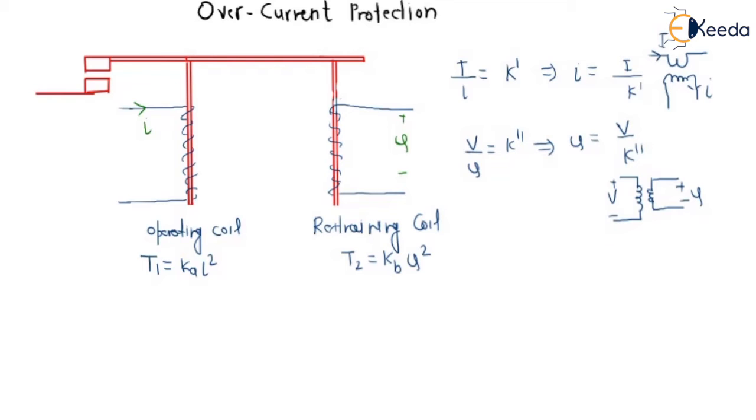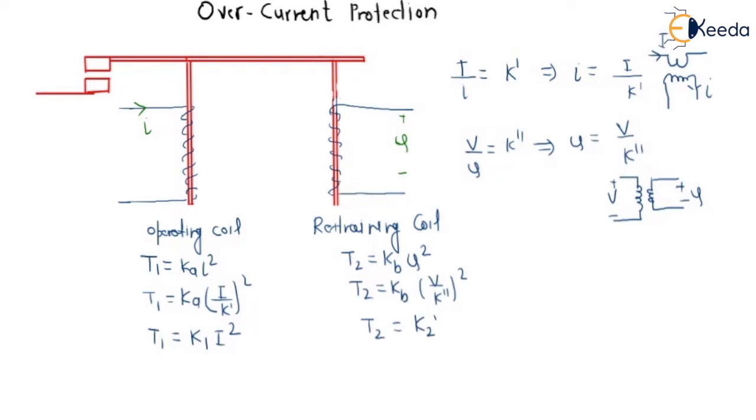Putting all these values, T1 will be K A into capital I upon K dash, squared. Taking the constants together, T1 is K1 I square. This is the operating torque. In the restraining coil we put V upon K double dash squared, so T2 is equal to K2 V square.